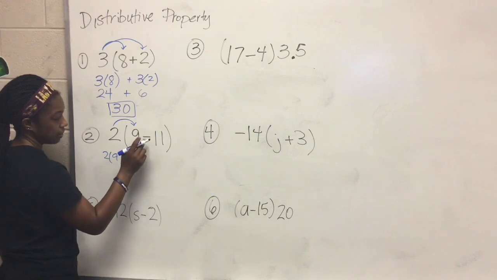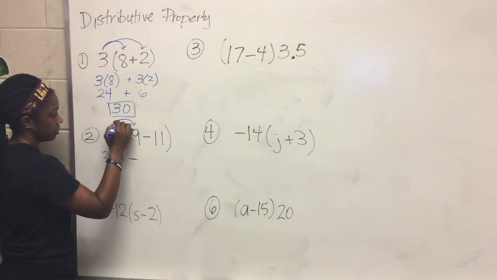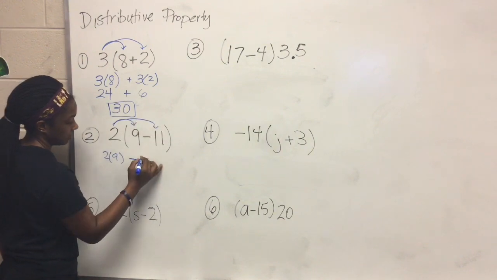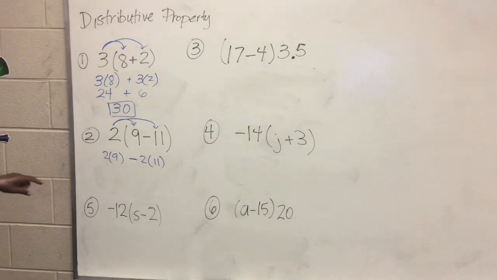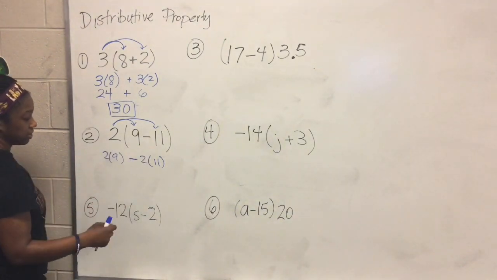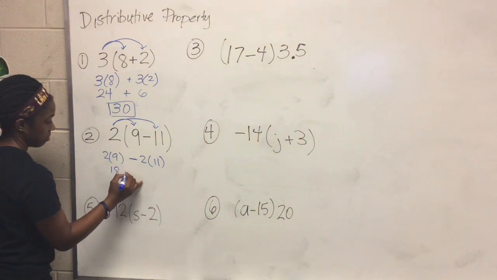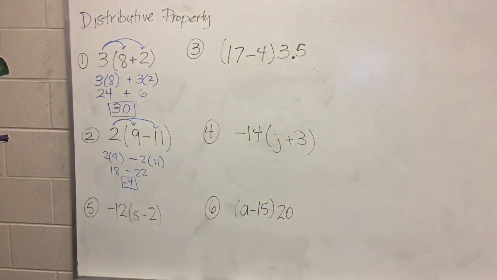Plus, minus, right? Because it's a minus sign. 2 times 11. Double check yourself. 2 times 9 minus 2 times 11. So it's 18 minus 22, which gives you negative 4. And I want to box my answer.